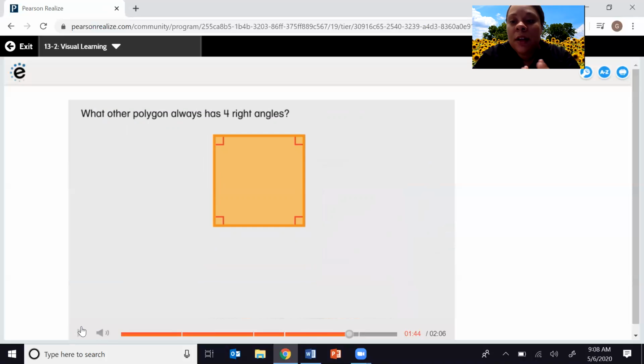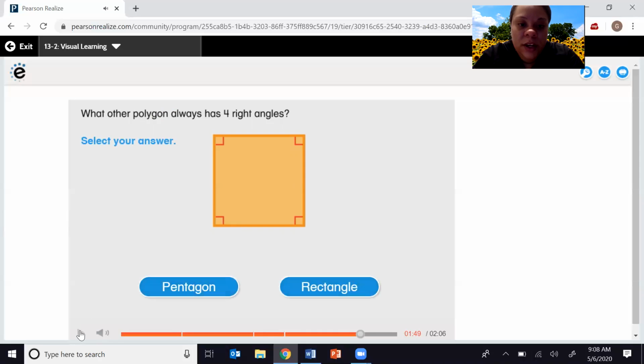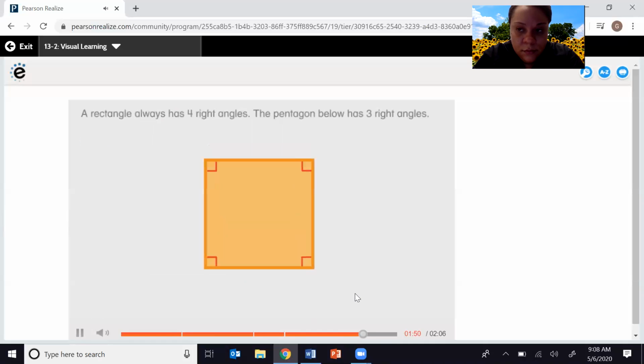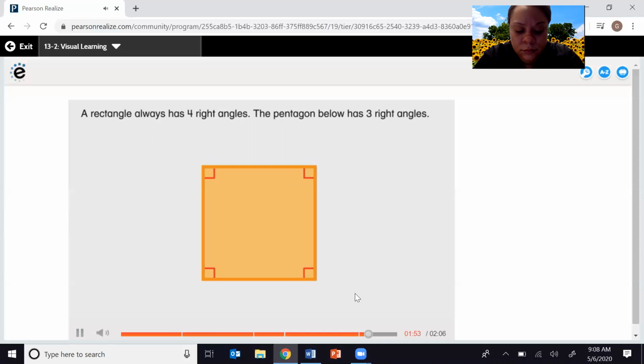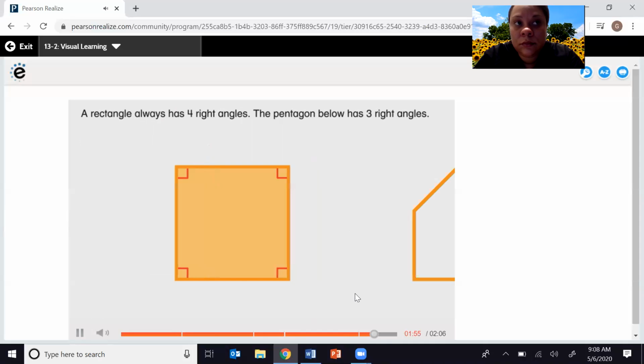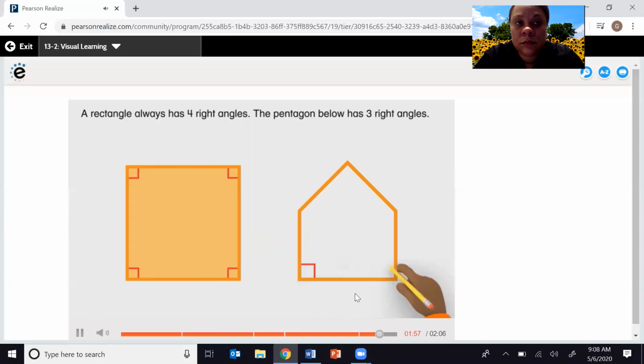Like in a triangle, it has angles, but the angles are not right angles, because right angles make a square shape. We know a pentagon is not a quadrilateral, and we know a rectangle is. A rectangle always has 4 right angles. The pentagon below has 3 right angles.